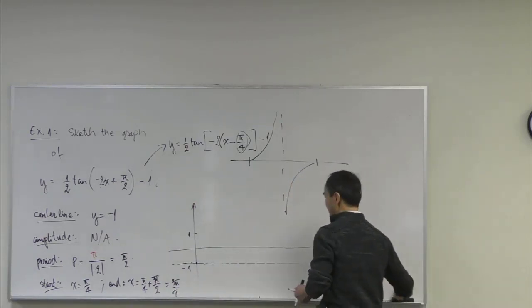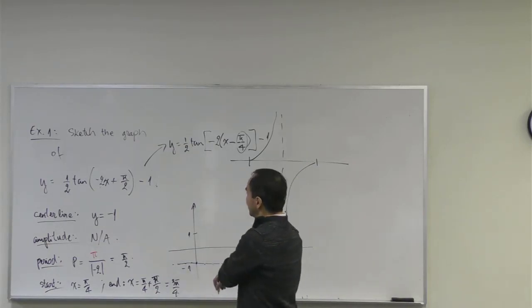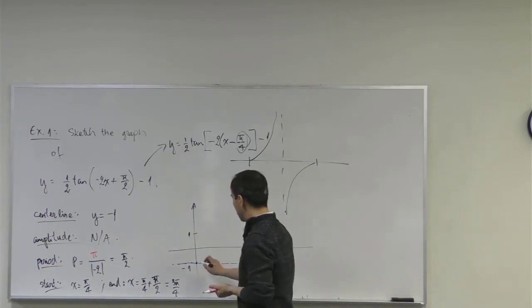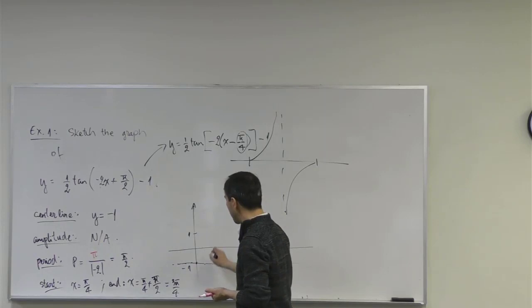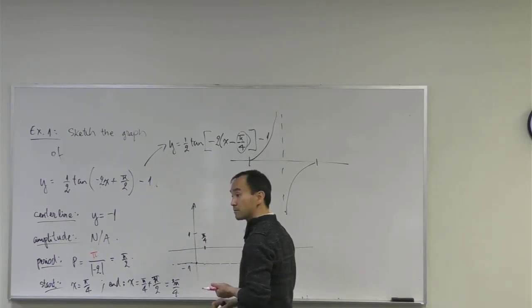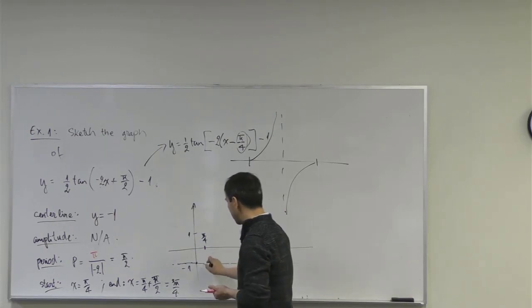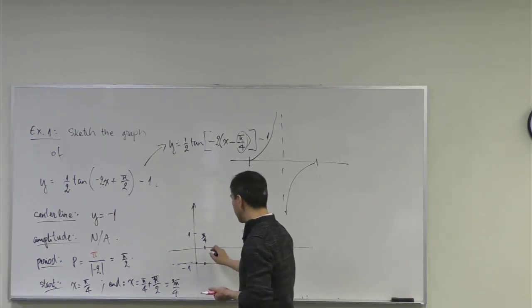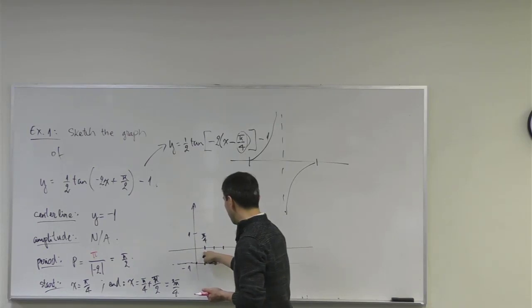So now I'm ready to draw that graph here. You can call that space right here a pi over 4, whatever you want to name it, because that's our start. So right on this center line, that's our start right there. The space right there goes to 3 pi over 4, so another space like that: 1 pi over 4, 2 pi over 4, 3 pi over 4, 4 pi over 4, right?